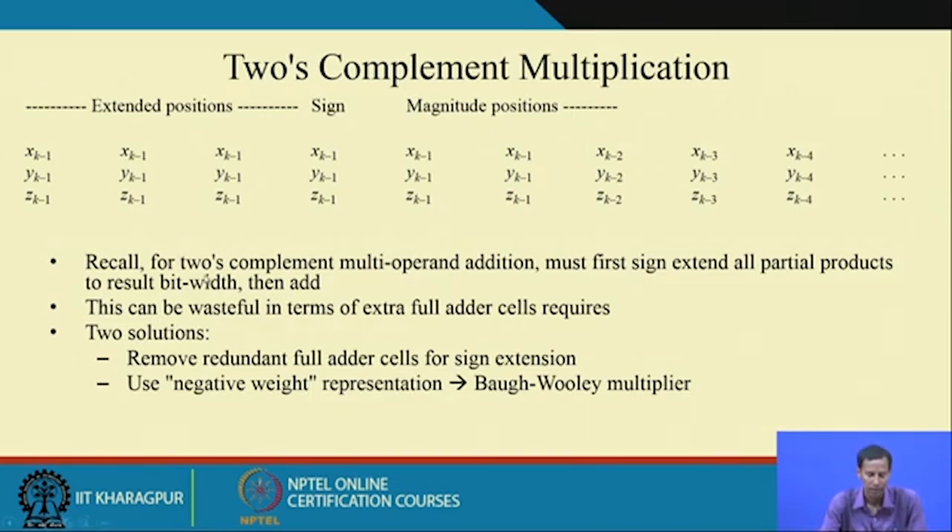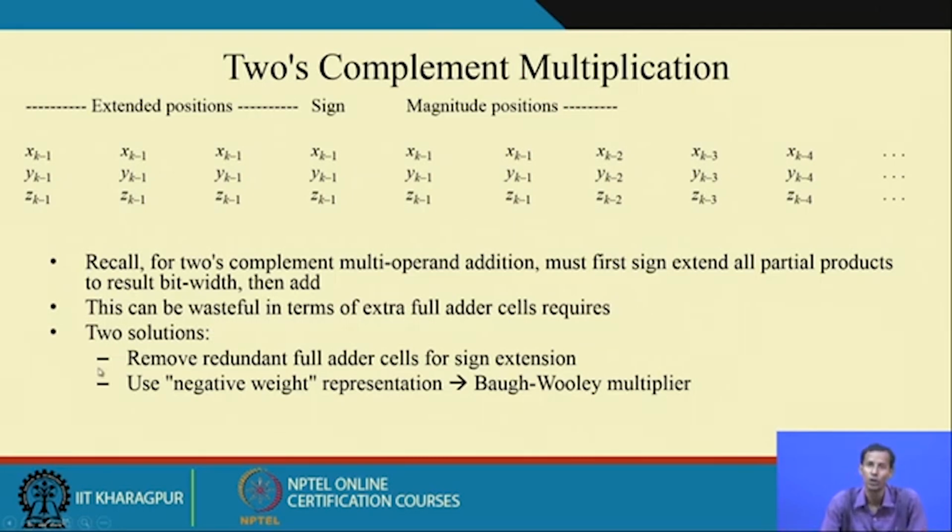Recall that for 2's complement multi-operand operation, we must first sign extend all partial products to the result bit width and then add. So, we have extended all the partial products up to the final result's bit width. And this can be wasteful in terms of extra full adder cell requirement.